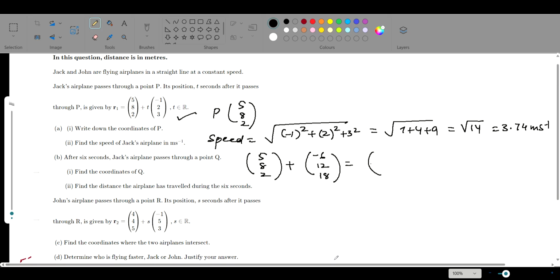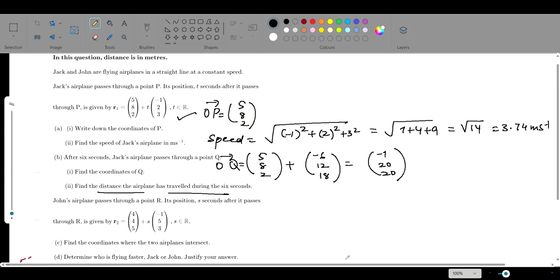So that is 5 plus minus 6, 8 plus 12, 2 plus 18. This is my coordinate after 6 seconds. That is the Q. You can write it as OQ.